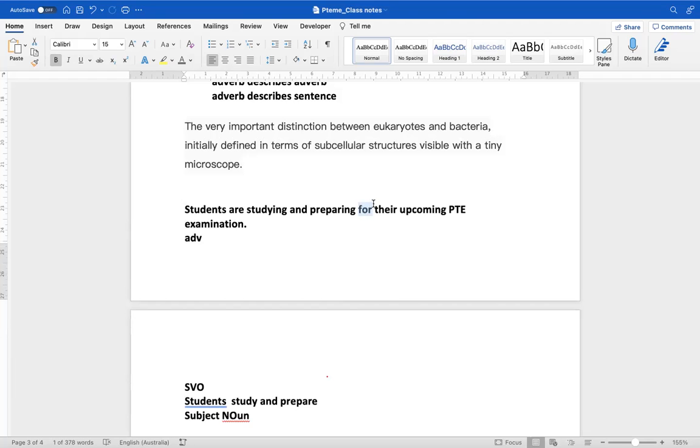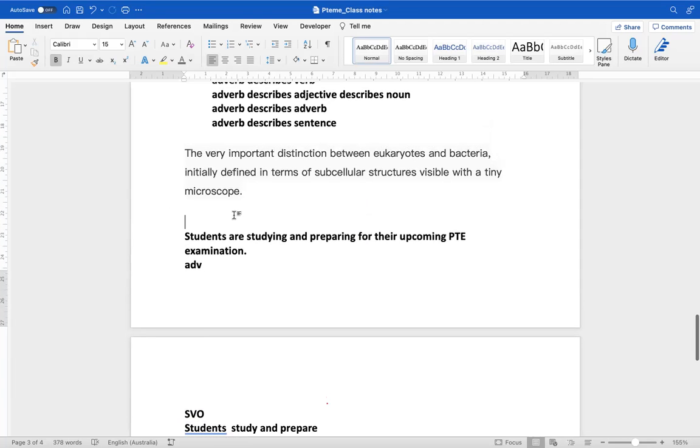What is this for doing? This for is connecting. See, students are studying and preparing for their upcoming PTE examination. So for is connecting two parts of the sentence here.